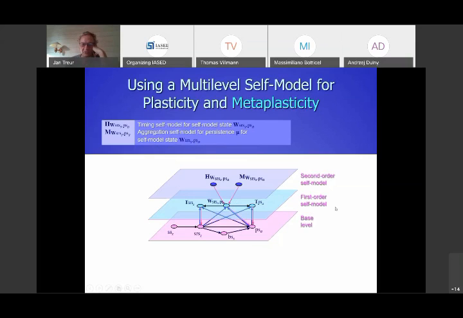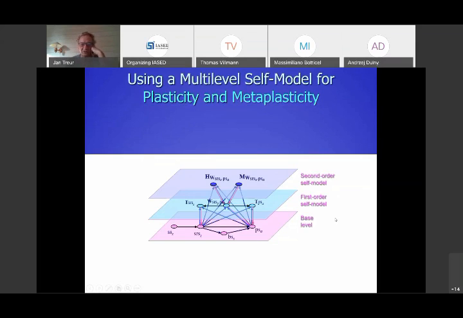Now we need also the upward arrows here. So let's add the upward arrows that give them the right input. And these states also need their own combination functions. In this case, they have just the logistic function, because sometimes you can also use logistic functions for self-models. That's not the case for Hebbian learning, because that's a rather specific type of form that you want.